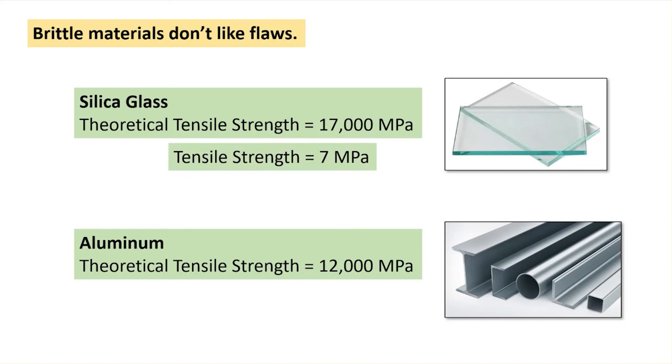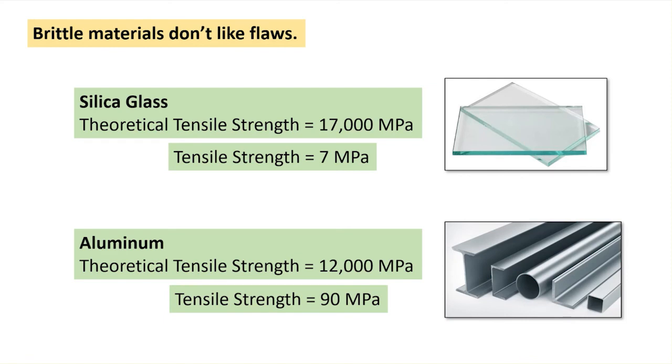That's quite a reduction. Now, on the other hand, ductile materials are much more forgiving of flaws. Aluminum's theoretical strength is 12,000 megapascals, but its actual strength only decreases to 90. So why is this true?